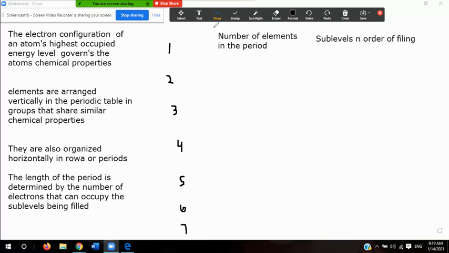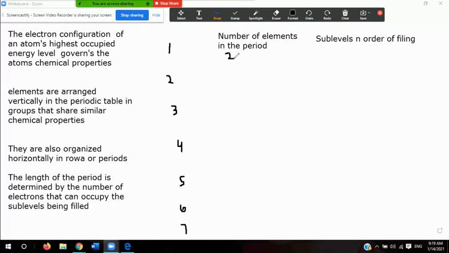So you only have 2 elements in period 1, which are hydrogen and helium.